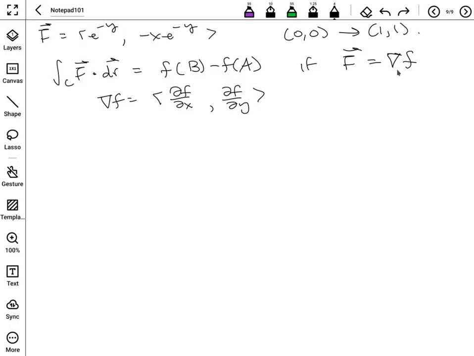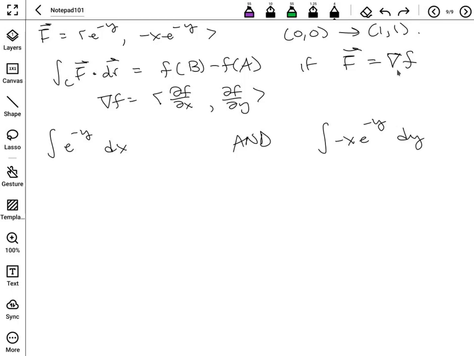And we just integrate those components to try and uncover the function that generates that gradient. So I integrate my first component, e to minus y, with respect to x, and my second component, minus x e to minus y, with respect to y.